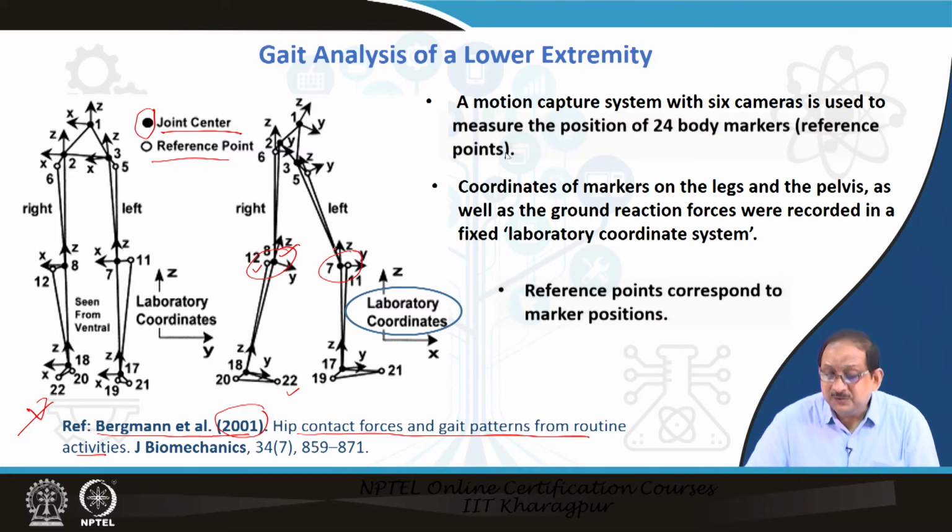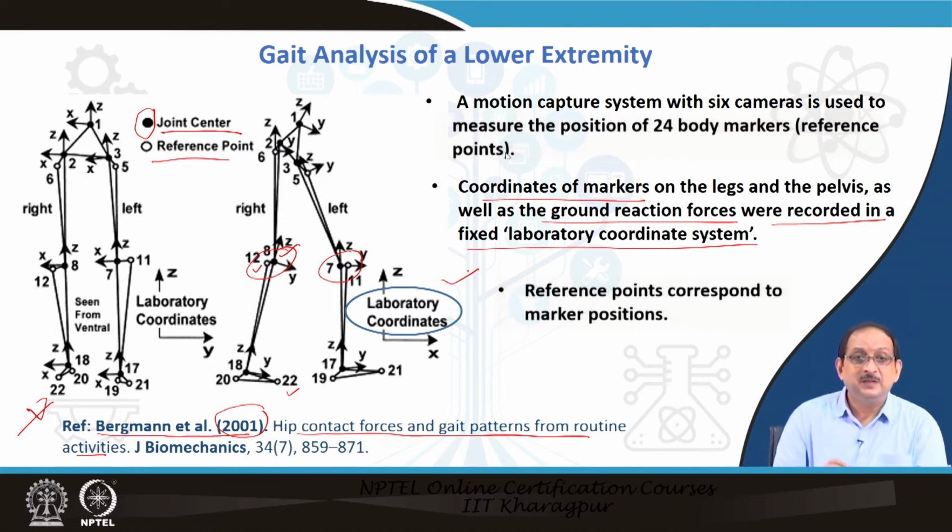Now, the coordinates of the markers on the leg and on the pelvis, as well as the ground reaction forces, were recorded in a fixed laboratory coordinate system in the study.